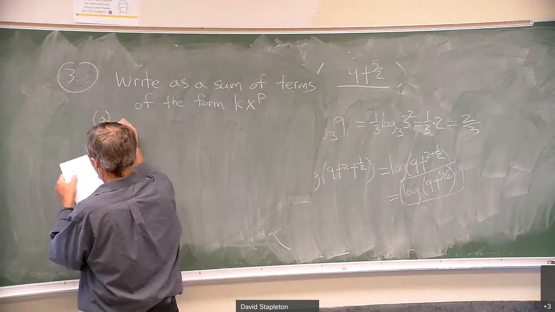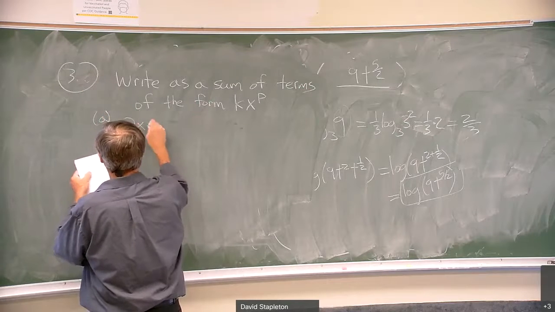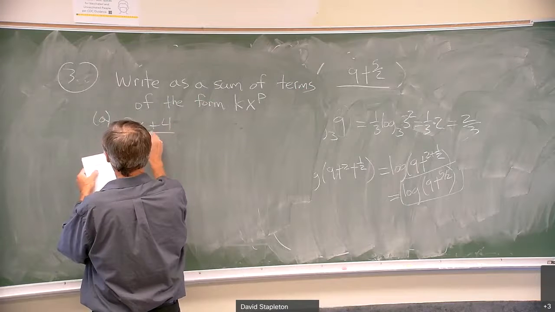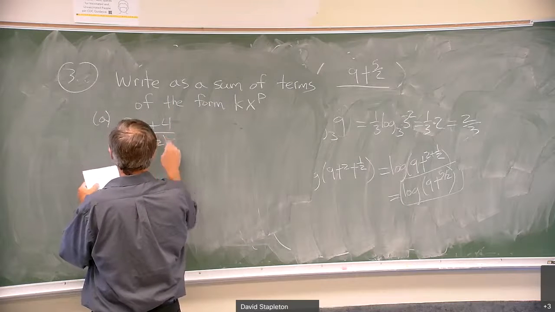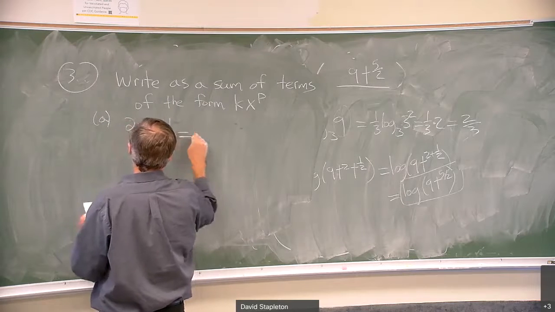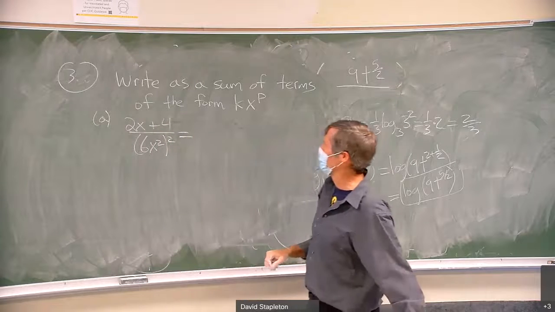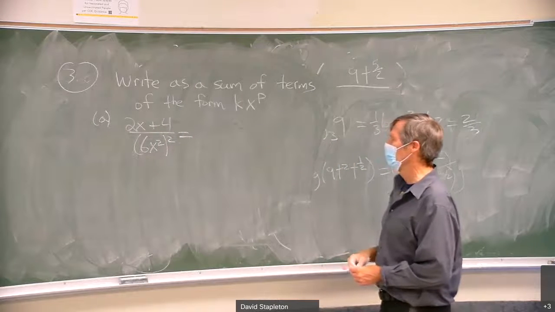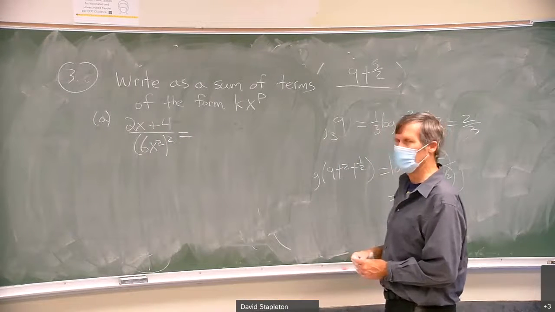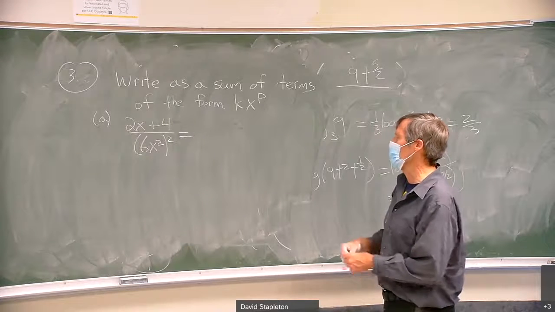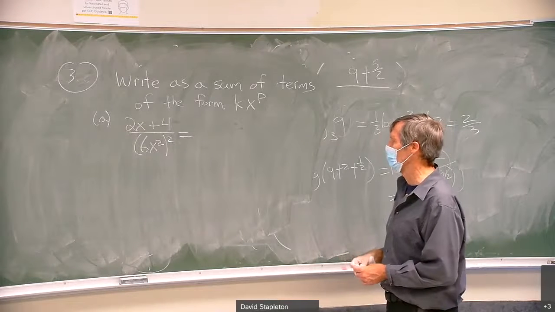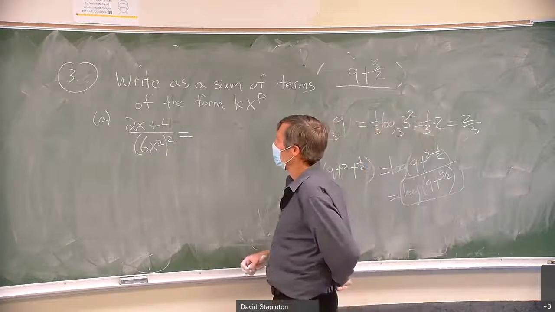How about this one? A says (2x plus 4) over (6x squared) squared. These are absolutely critical in calculus and all later courses you might take, to be able to simplify these things. What can I do?